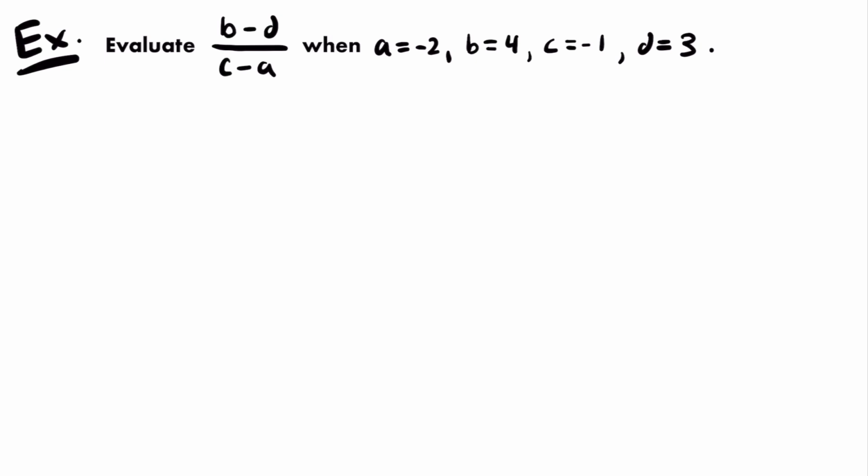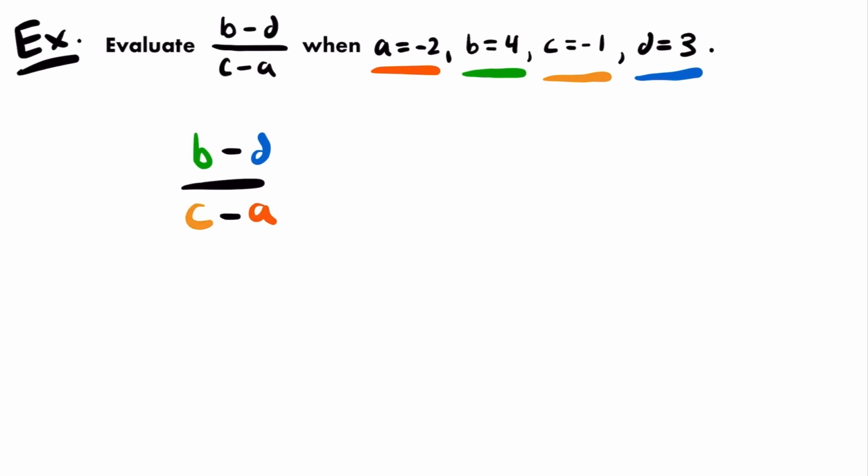All right, so remember, we have a equals -2, b equals 4, c equals -1, and d equals 3. So what you want to do is look for where each of those variables are in this variable expression. And so if I just rewrite it here, we have b minus d divided by c minus a. Okay, so b is 4, d is 3, c is -1, and a is -2.